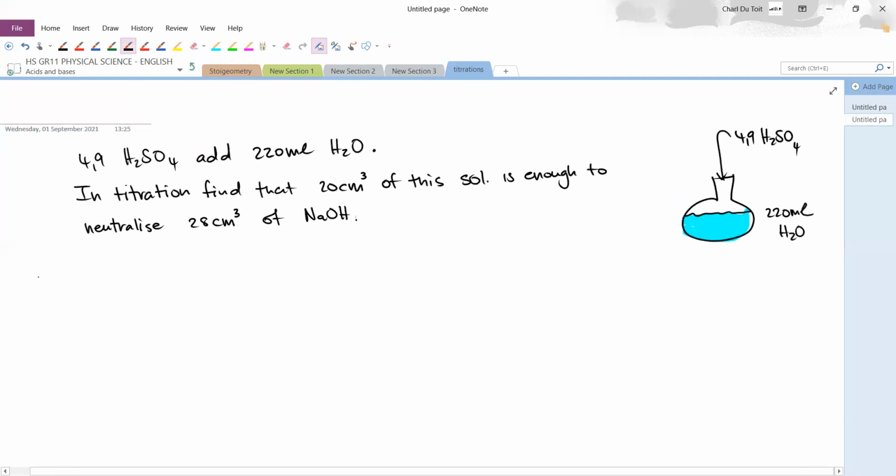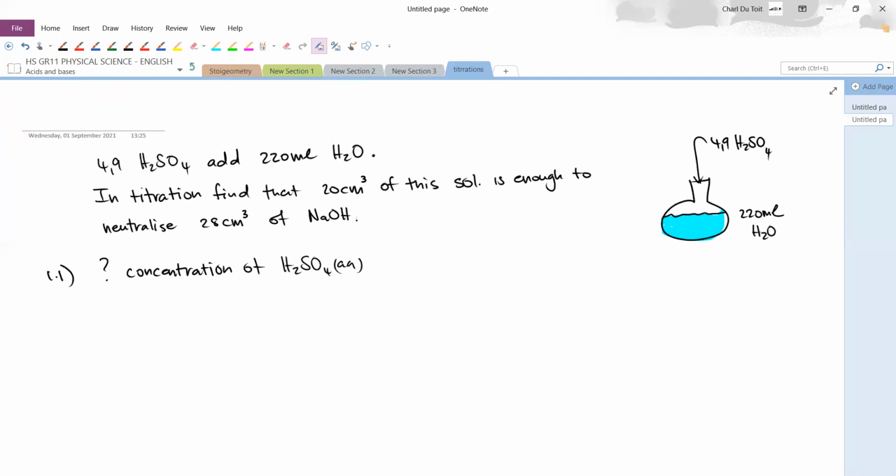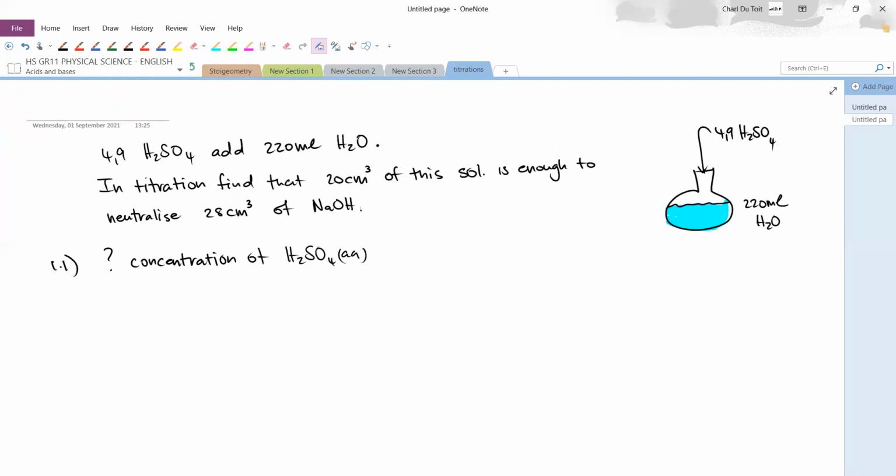So they might ask you in 1.1, what is the concentration of the sulfuric acid solution? That's just the first question. We're going to do the titration just now, but they want to know the concentration of that sulfuric acid.